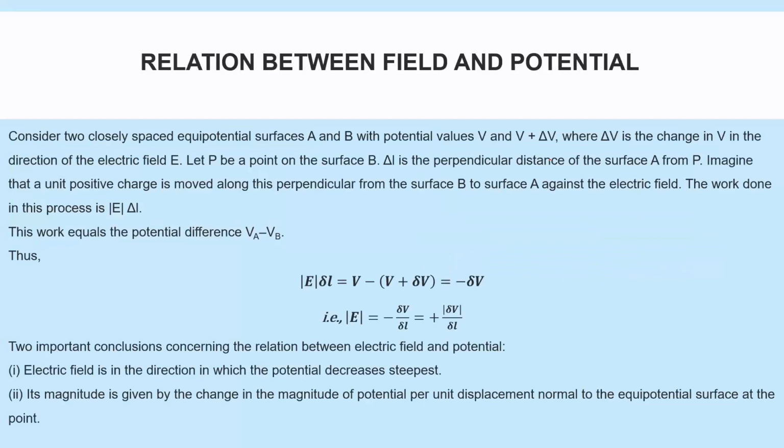So now we saw that the electric field is normal to the potential surface. So there should be a relation between the electric field and the potential when we are considering a system of charges.